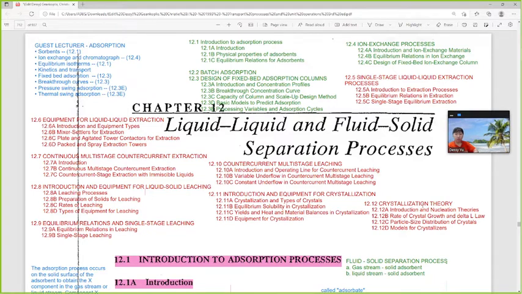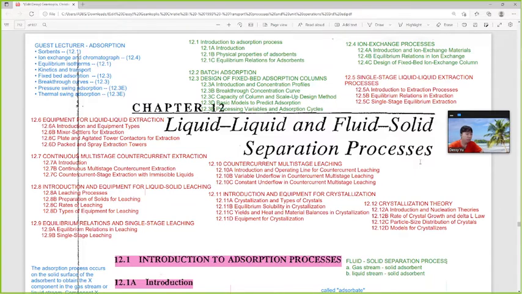But for the fluid-solid separation process, we just take 12.1 until 12.4: introduction to adsorption processes, bed adsorption, design of fixed bed adsorption column, and ion exchange processes. 12.5 until 12.12 discusses liquid separation processes.